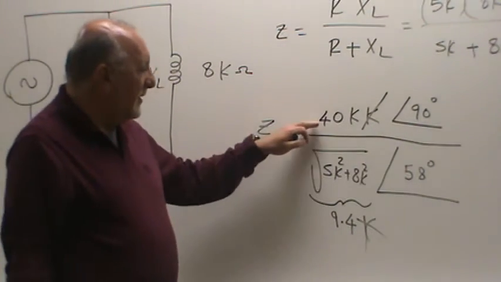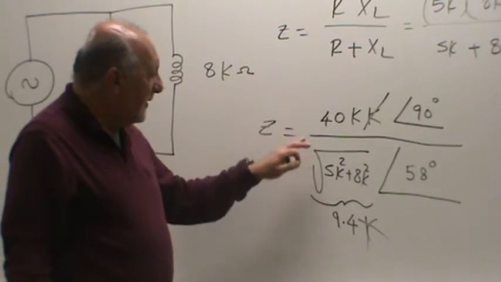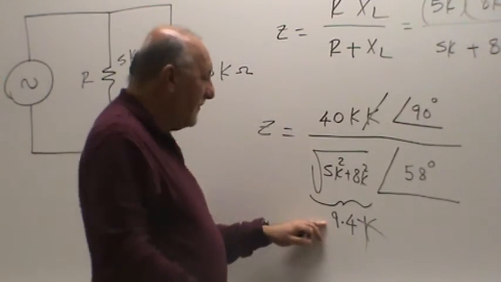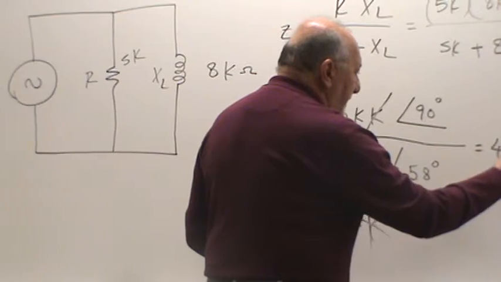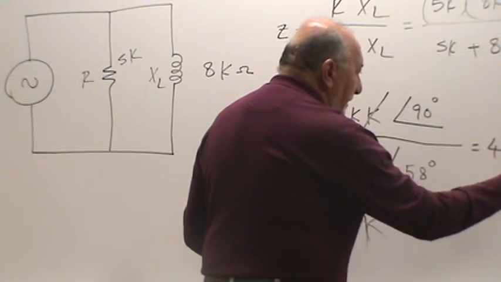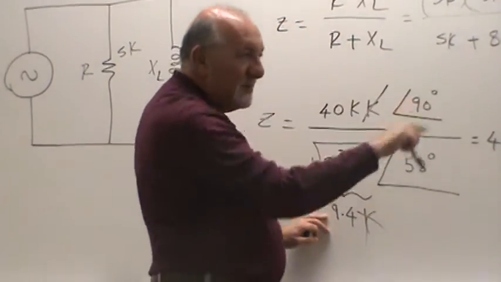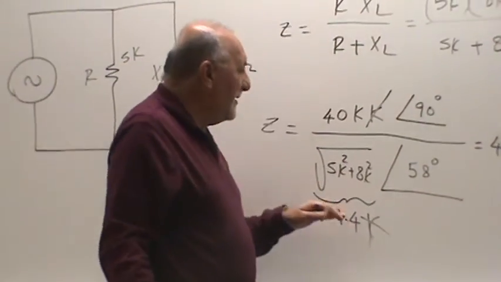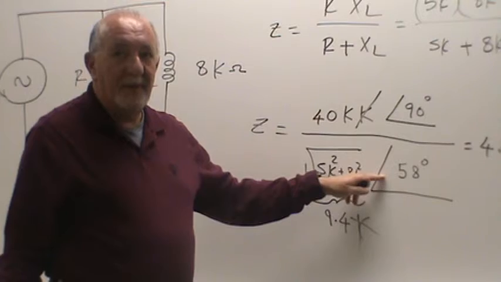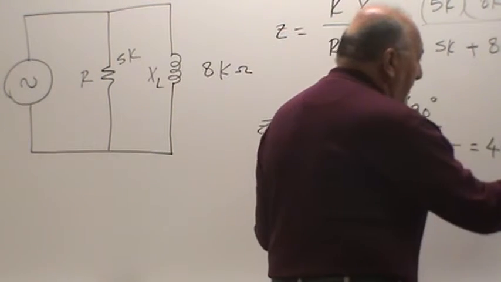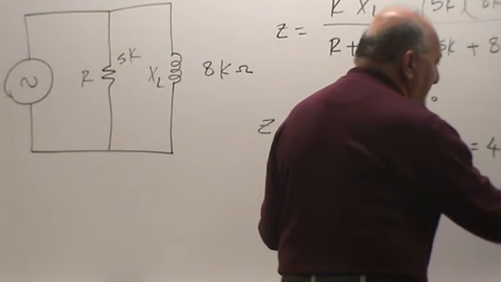Now, 40 divided by 9.4. What's 40 divided by 9.4? 4.24K. That's what I'm trying to make it look like. And what's 90 minus 58? 32, and that's our answer right there.